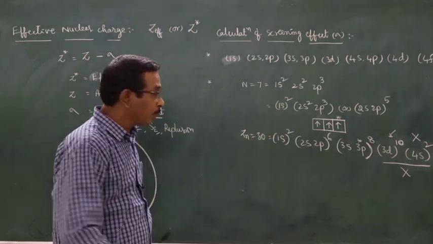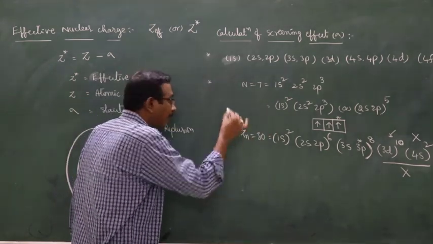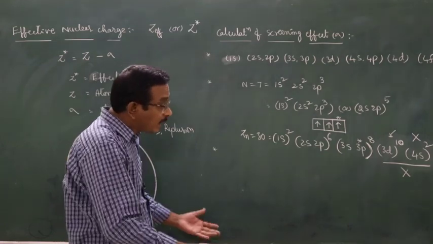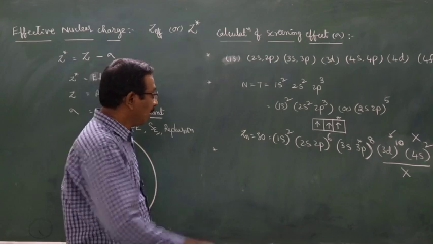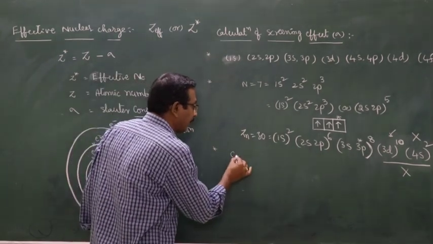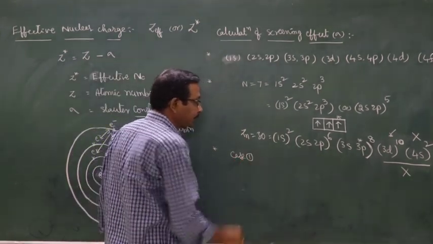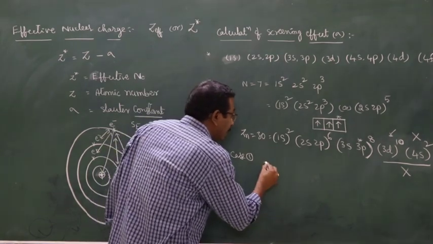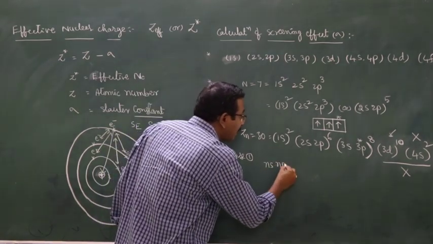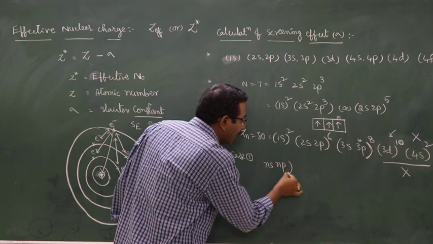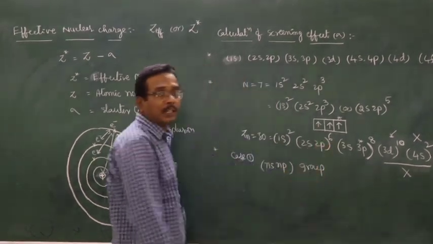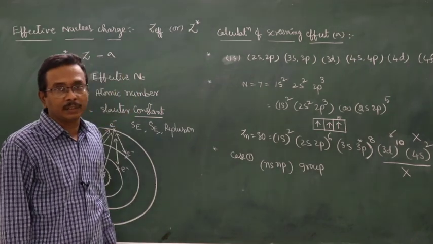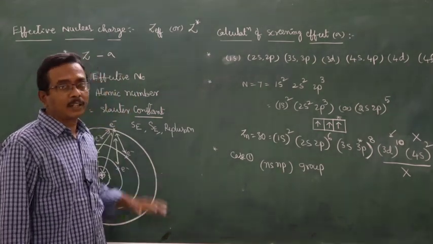Now a doubt arises: based on the configuration, how can you calculate the Slater constant? Take for example, case 1. Suppose electrons are present in the ns-np group. Then how can you calculate the Slater constant?